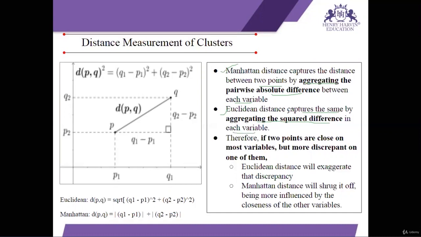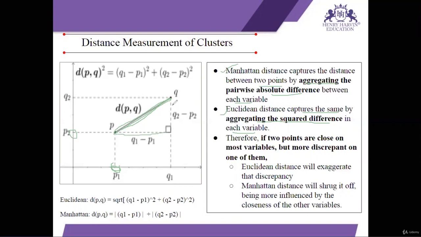So what does it mean actually? You can see there are two data points here, P1, P2, Q1 and Q2. So there are two points on the x-axis and two points on the y-axis. When you mark the points here, the distance between P and Q is this. How to calculate this distance is the Pythagoras theorem, if we remember.